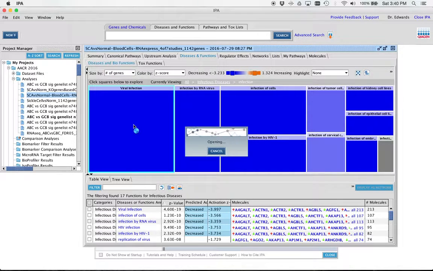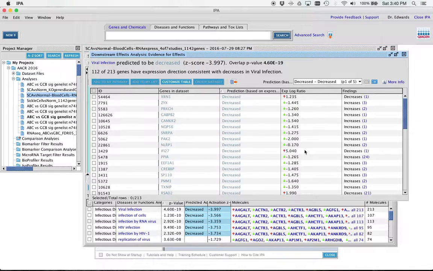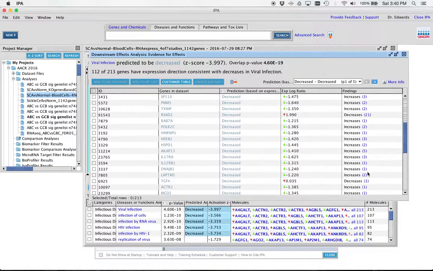Not only that, but based on the direction of these genes and what is known about them, this will make a call saying that when this gene goes up in a system, it usually decreases viral infection. Same way with this: when this gene goes down, it's known to decrease viral infection. And you can look up any of those references; here are all the references that give you that information.